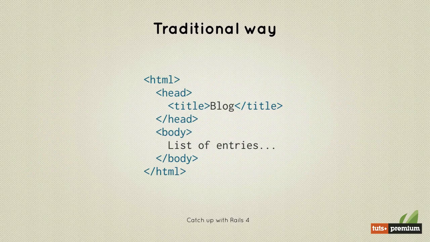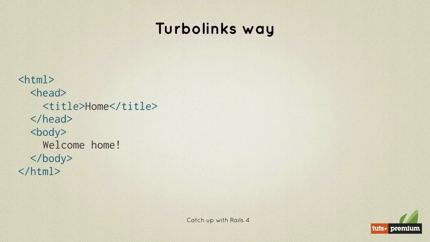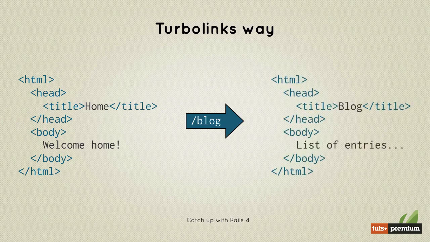Turbolinks works in a slightly different way. Suppose you have the same homepage and then you want to click on a link that points to blog, somewhere inside the navigation. So you point the request to blog and then a new server response is retrieved. This is where Turbolinks comes in. It parses the title and the entire body from the response.